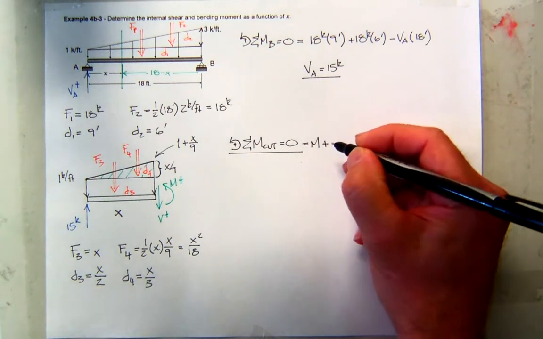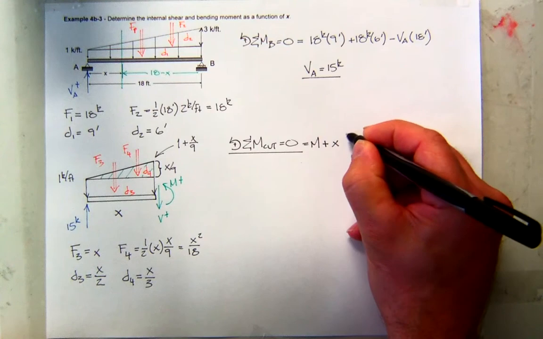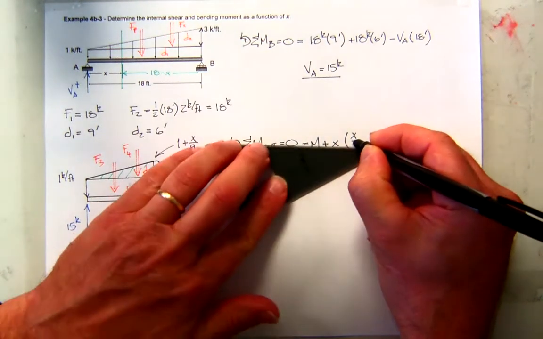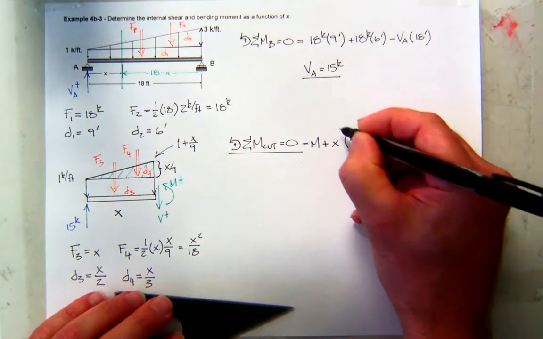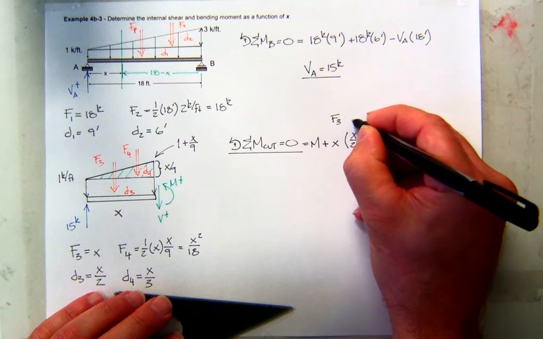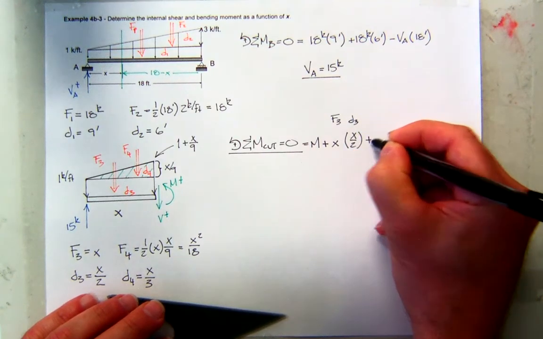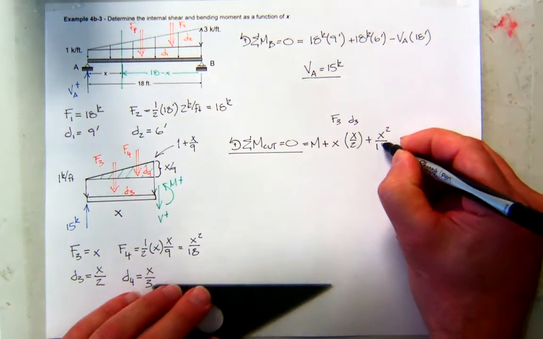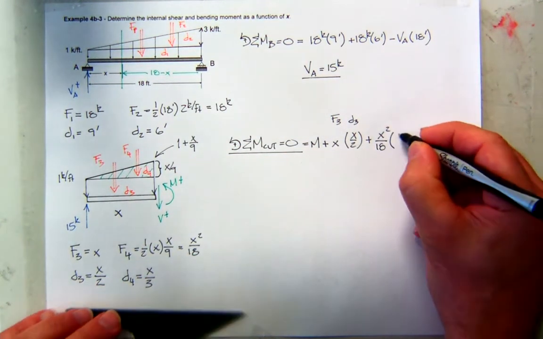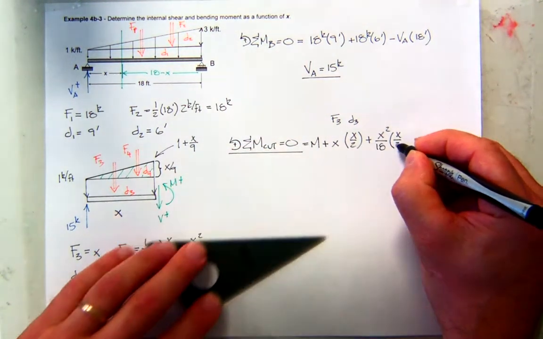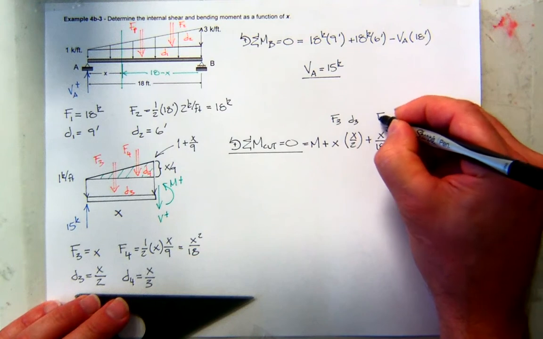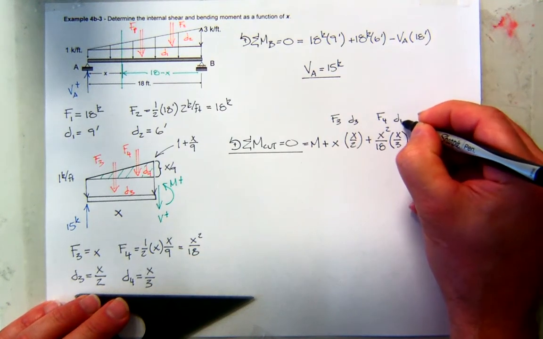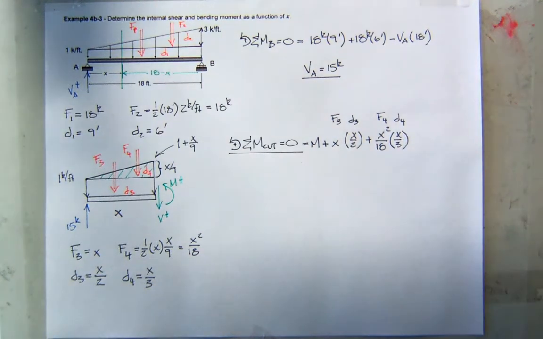So I'll start with F3, so that'll be a force of x times a distance of x over 2. So this is going to be force 3 d3 plus F4, which is x squared over 18 times this distance, which is x over 3. So that's F4 d4. And what's left?